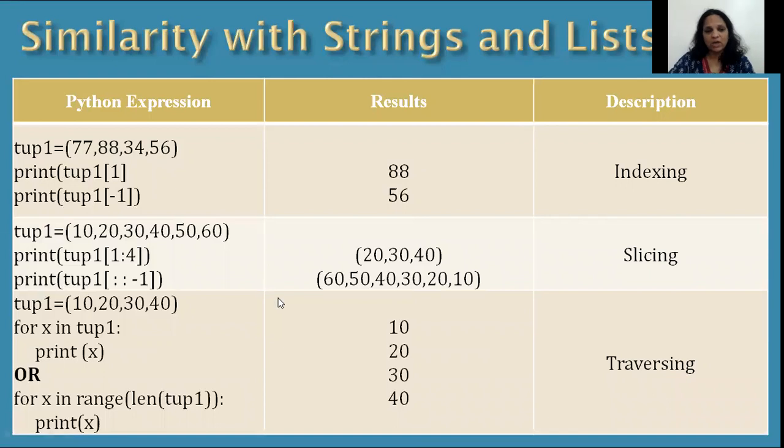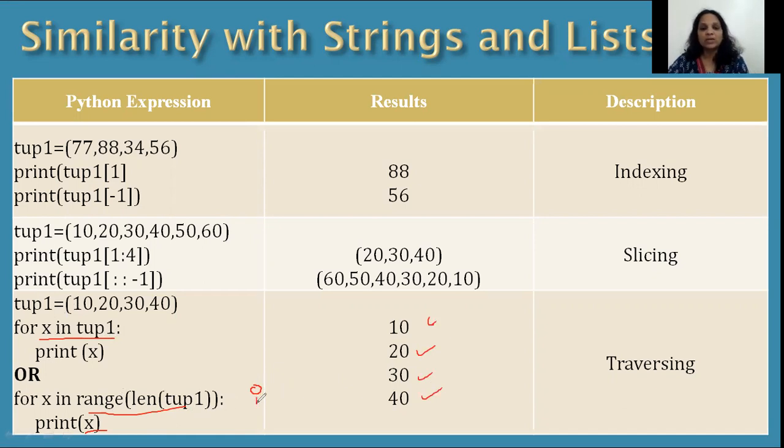Okay, but in the traversing here, I would tell you that in this second method that we have written, if I write print x, it would not display the values for me, because x is a range here. What is the difference here? In the first method, x gets each value of the tuple, so it displays 10, 20, 30, 40 as you see here. But here x is a range which is referring to the index.